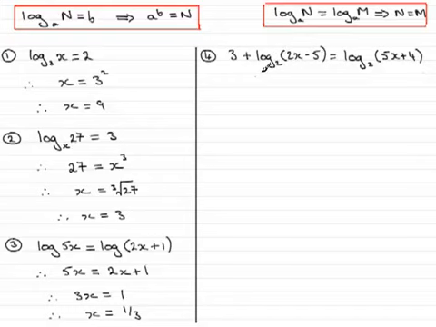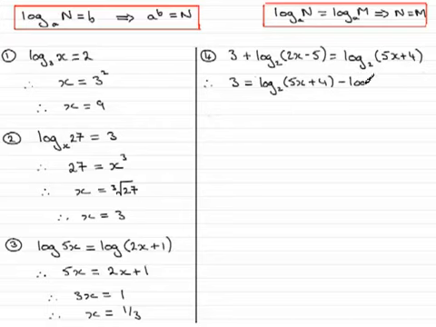I'm going to remove this term from this side by subtracting it from both sides. And what that's going to give me is that 3 equals the log in base 2 of 5x plus 4, and then I subtract the log in base 2 of 2x minus 5.